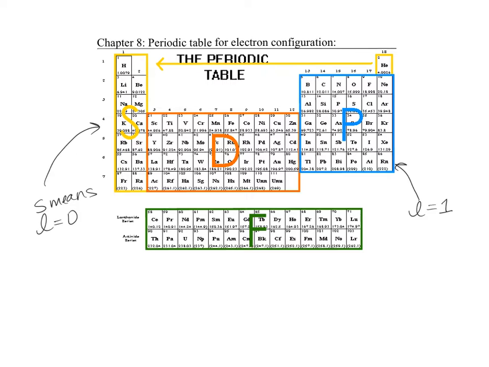Those that are in the d block are in the middle of the periodic table, and those that are in the f block are on the bottom 2 rows of the periodic table. The only time an electron is in the g orbital is when that electron is excited from its ground state. So I want you to use this as a reference for how to assign electrons and their energy levels for Chapter 8.